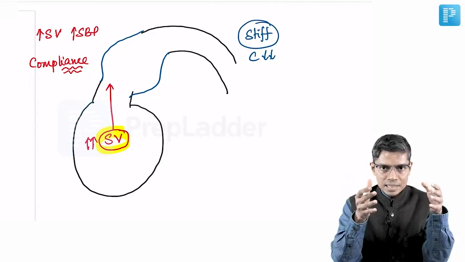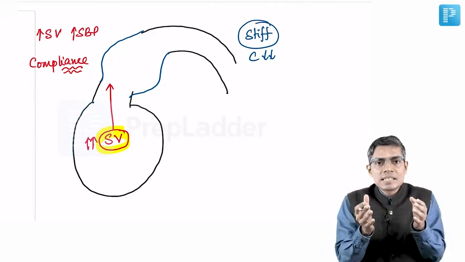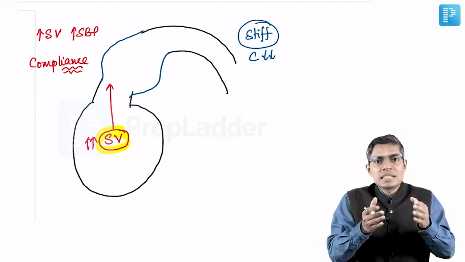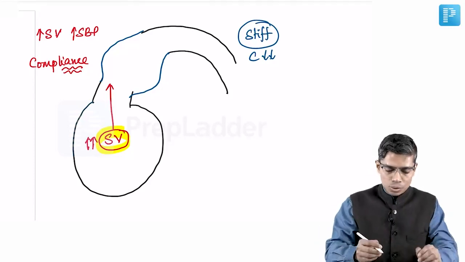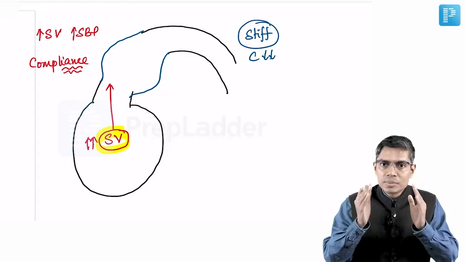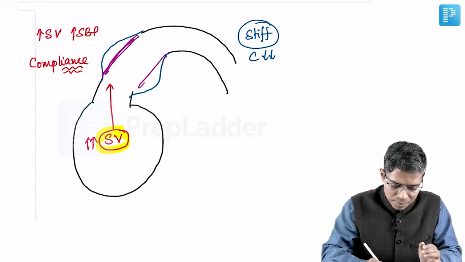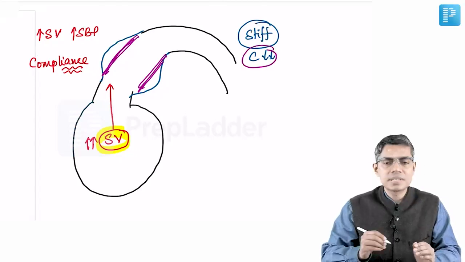Whenever a vessel is expanding, it is absorbing the pressure. Getting my point? So expansion means it is dampening the pressure. If the vessel wall becomes stiffer, so it is not able to expand, it is becoming hard. That means the compliance of the vessel is low.